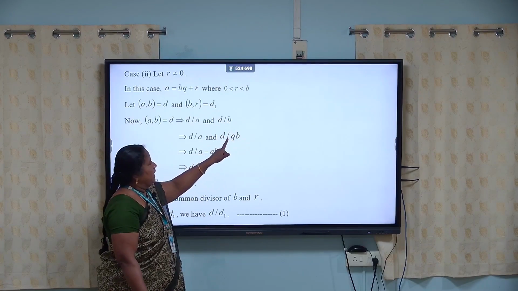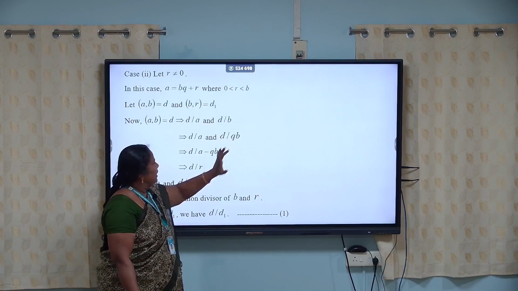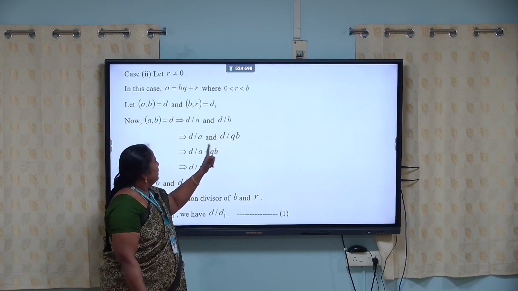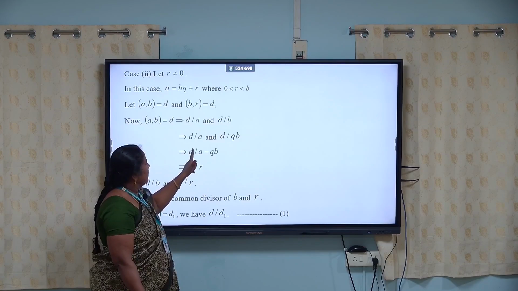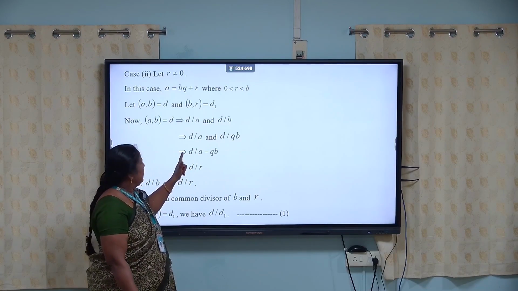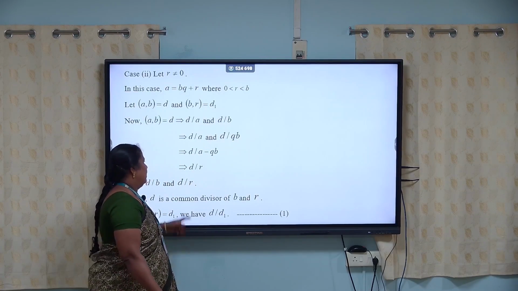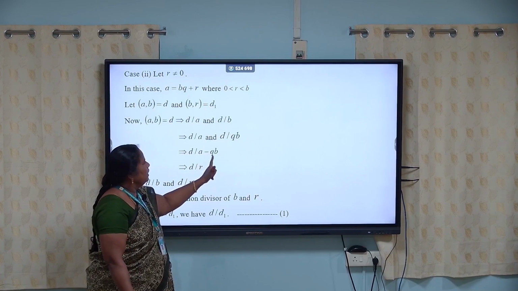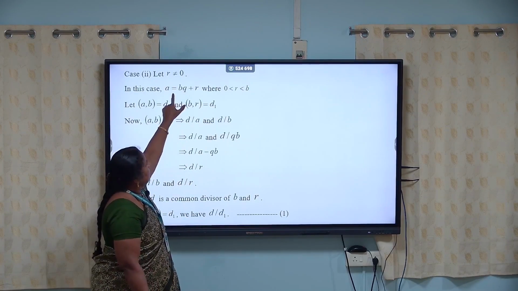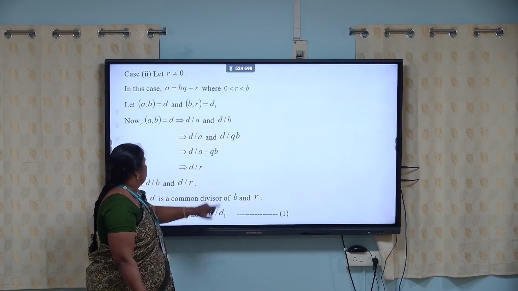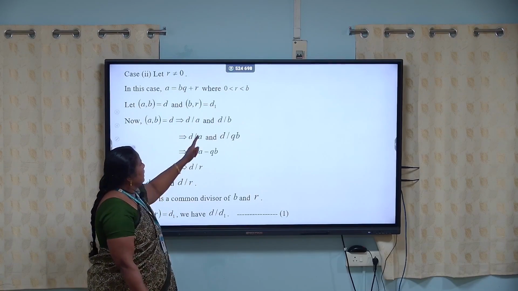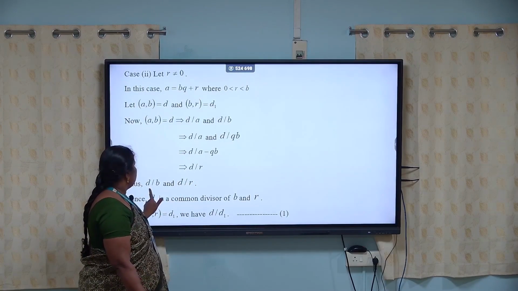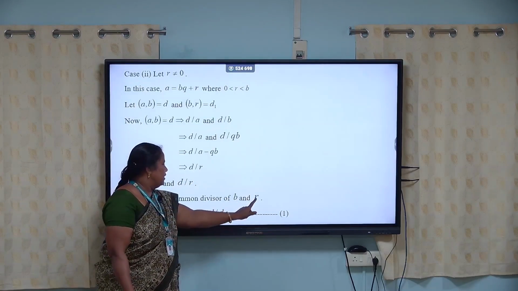Since d divides b, d divides the multiple of b. Since d divides a and d divides qb, that implies d divides their difference. That means d divides a minus qb. That implies d divides r, since r is equal to a minus qb. Thus, d divides b and d divides r. Hence, d is a common factor of b and r.